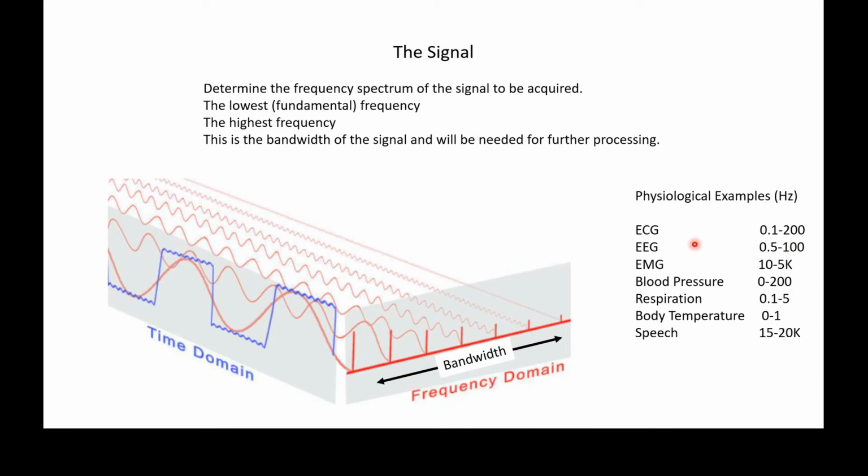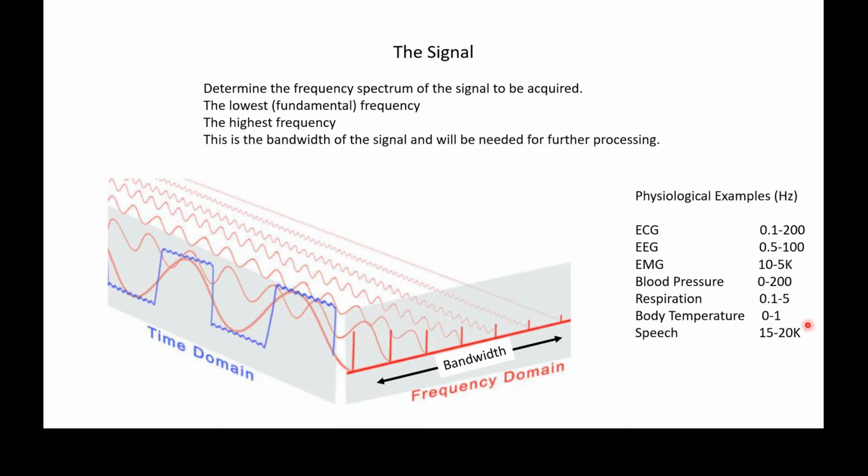And here are some examples where we go from the lowest to the highest sine wave that might be making up our signal. For ECGs, EEGs, which are electrical in themselves, blood pressure, which isn't, which we will transduce, 0 to 200 hertz, and so forth. Respiration, quite slow. Body temperature, very slow. Speech, for example, very fast. Our ears have to respond as transducers somewhere between 15 and 20 kilohertz.